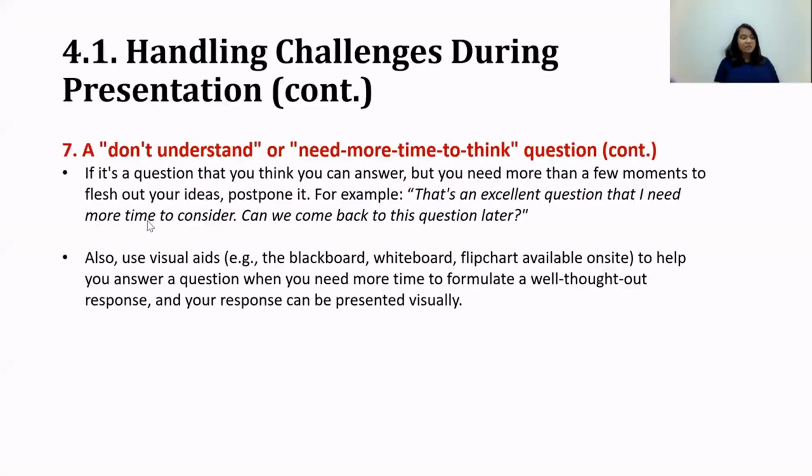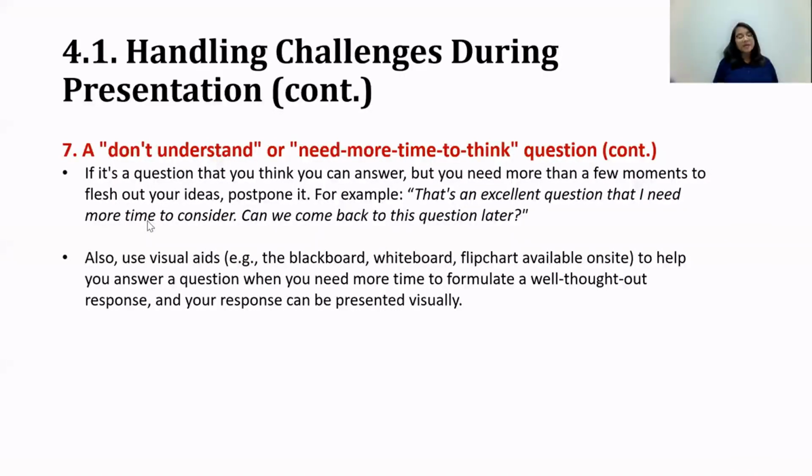So if you think you need more time, not to find the answer though, but to construct the way you will answer it, because the answer will be long like that, you can use a whiteboard or anything available in your room to write down maybe symbols or maybe pictures that can visually help you address the question. And that's okay too. And that can be very helpful for your audience, right?